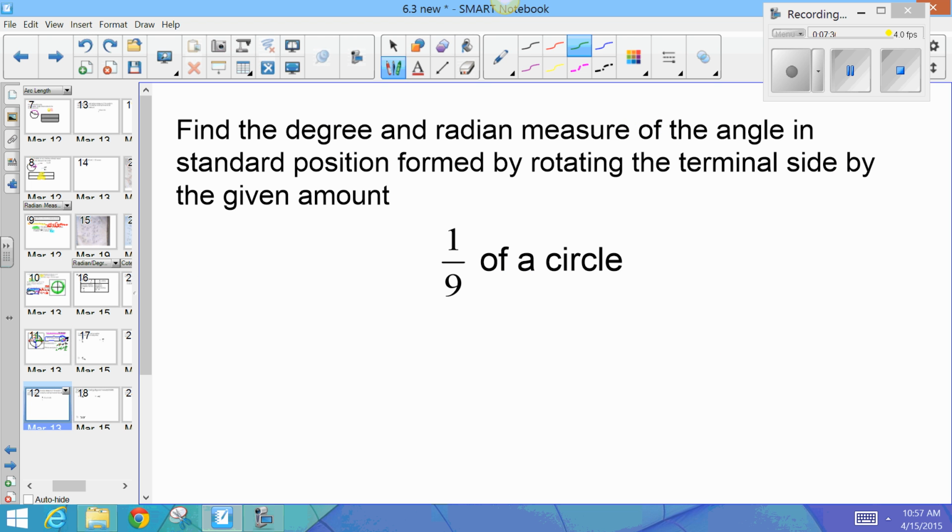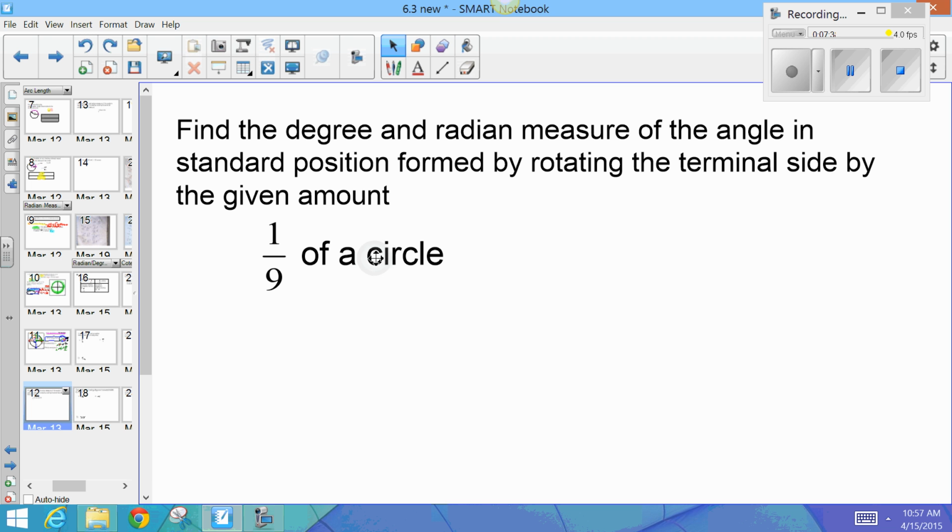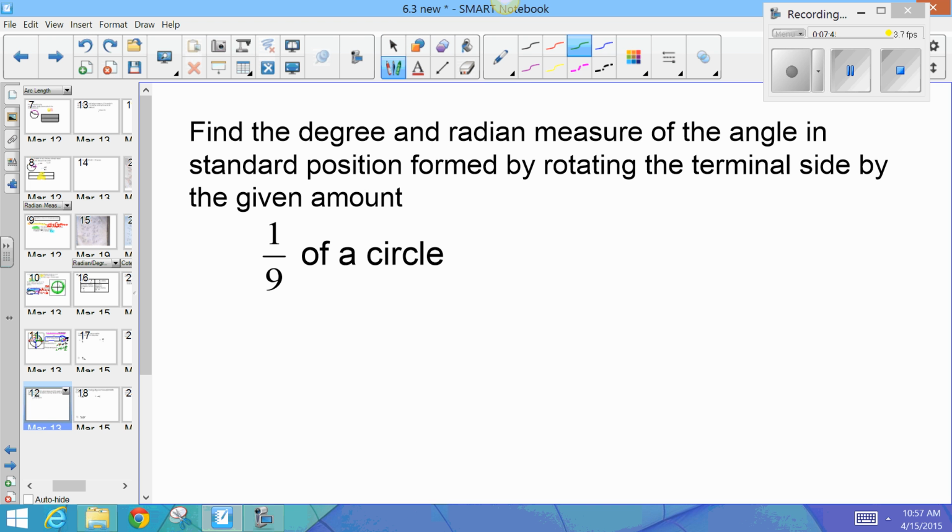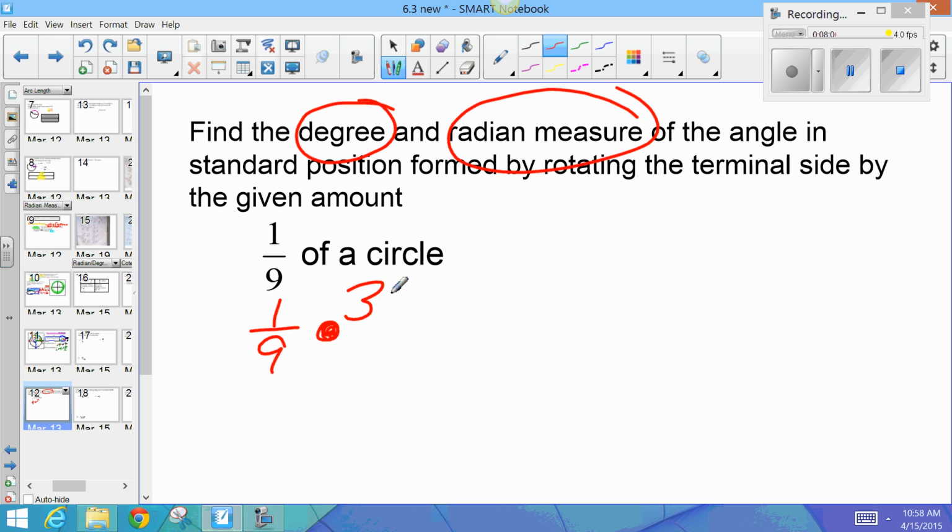All right, so here are some problems that look like what your homework, your next bookwork, is going to look like. Here I'm being asked to find a degree and a radian measure. To find a degree, I'm going to multiply 1/9 by the number of degrees in a circle, which is 360.